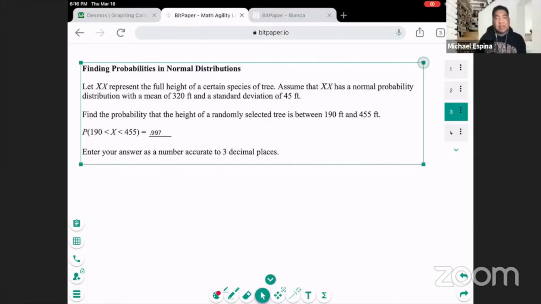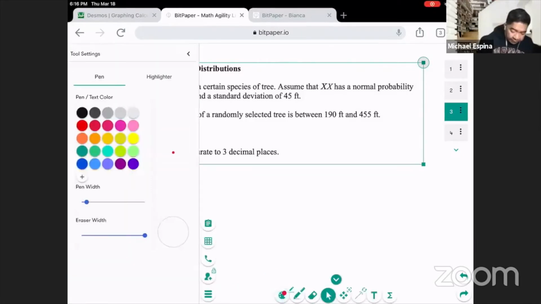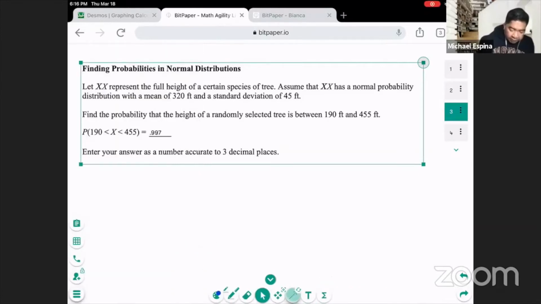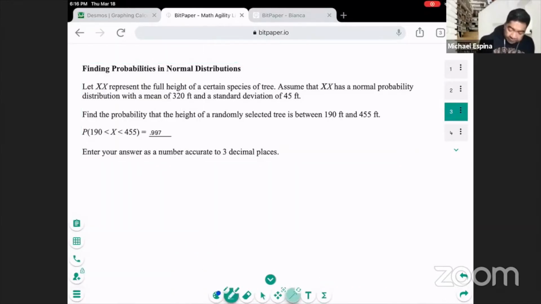It says to enter your answer as a number carried to some decimal places. I think this is taken from some of the learning platforms or e-platforms of this student. So let's try to answer this question. Let's write what is given in the problem. Given that it's a normal probability, of course, or a normal distribution.